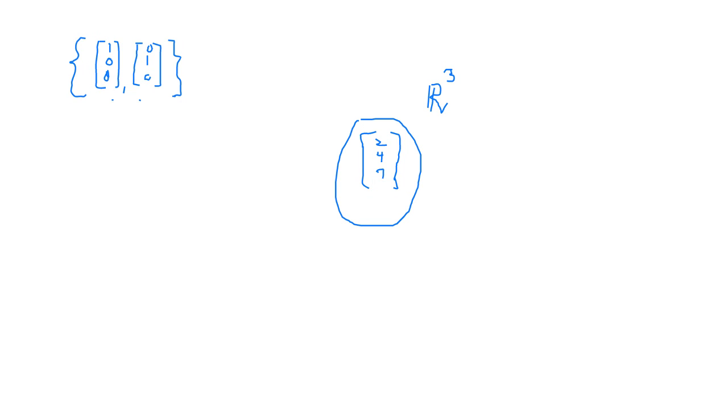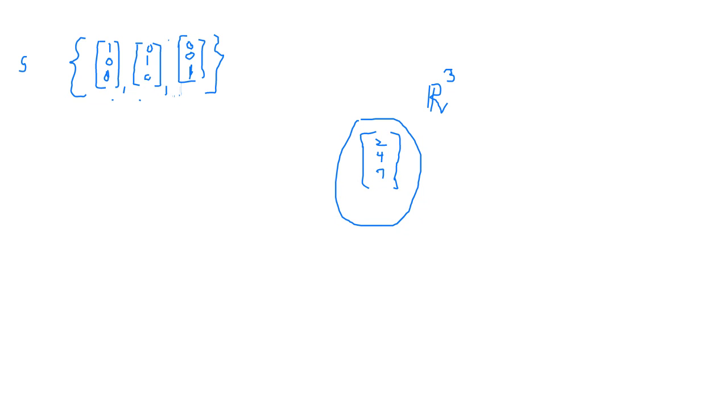How many more vectors do we need to have a basis for R3? One more. So what if I had 0, 0, 1? Would that give me my basis for R3? It would.